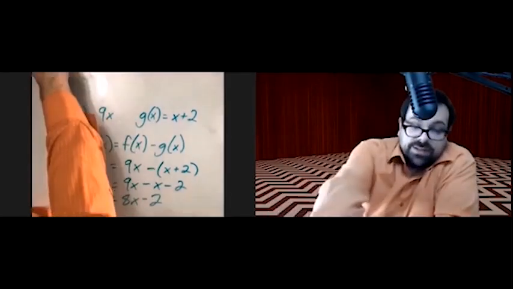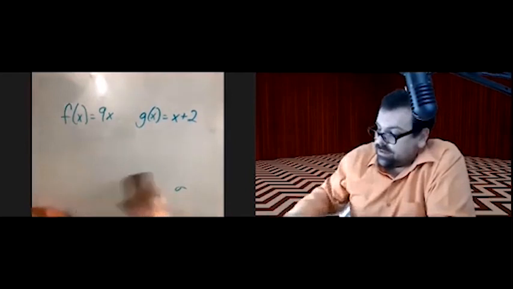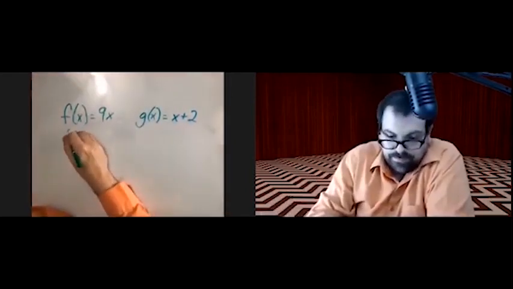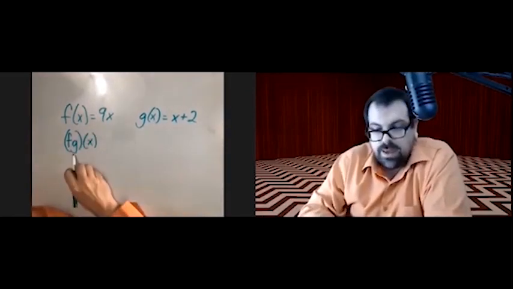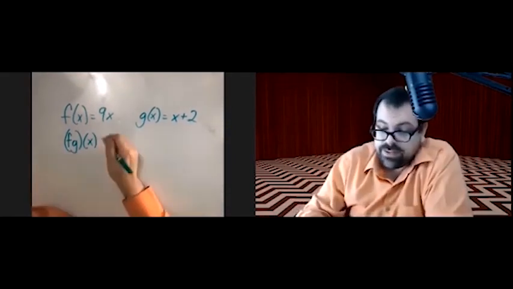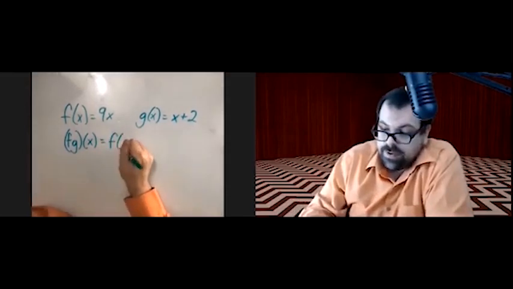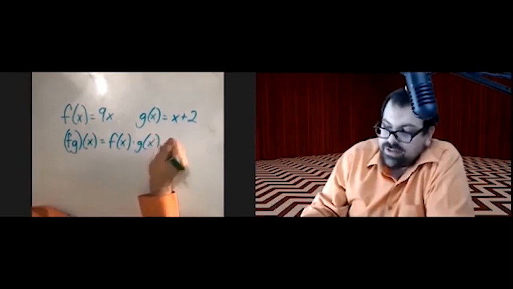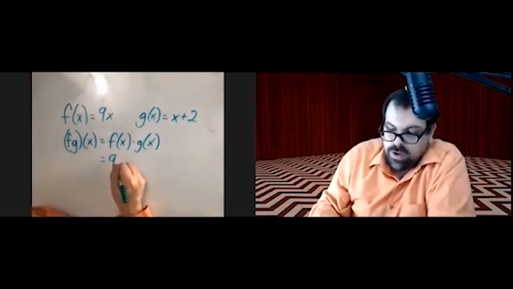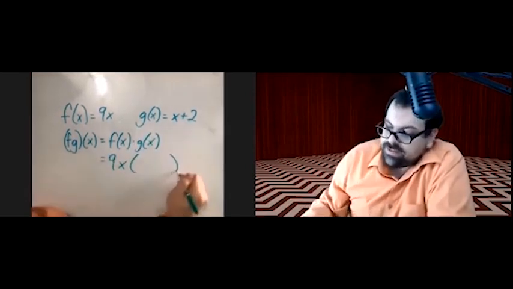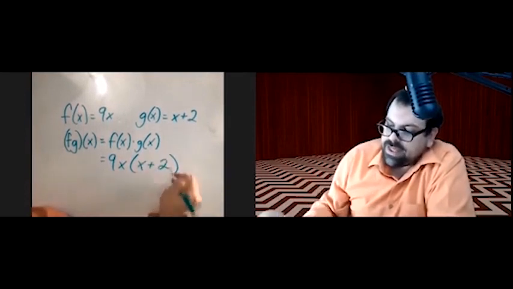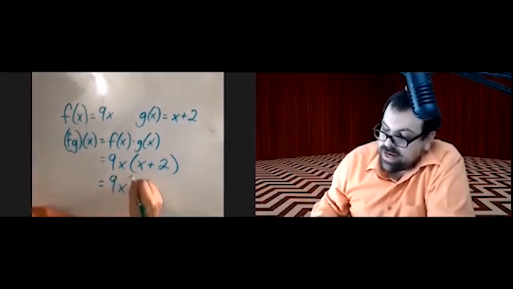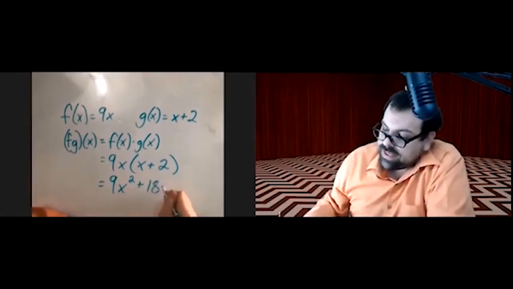F times g of x. Let's do that next. Fg of x would be f of x times g of x, would be 9x times x plus 2, would be 9x squared plus 18x.